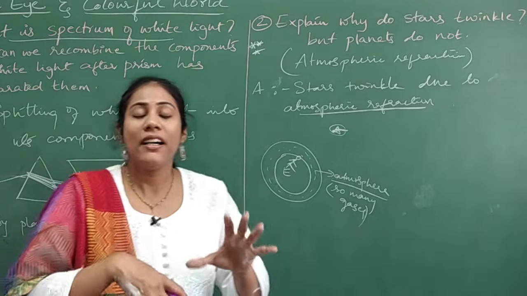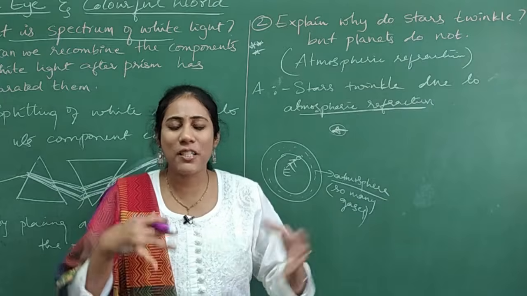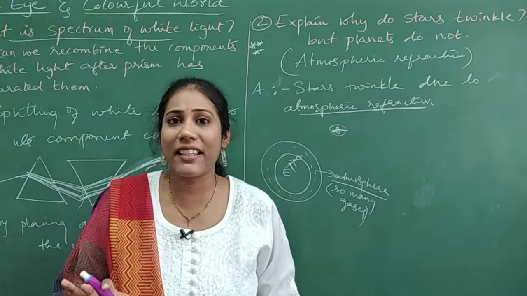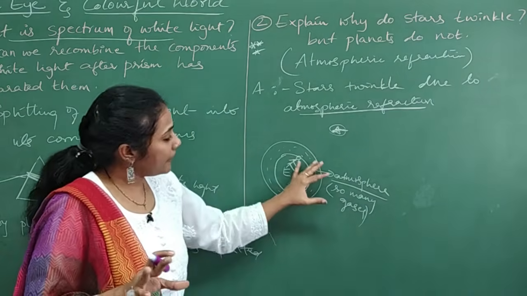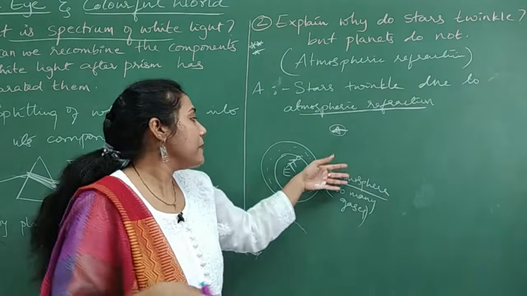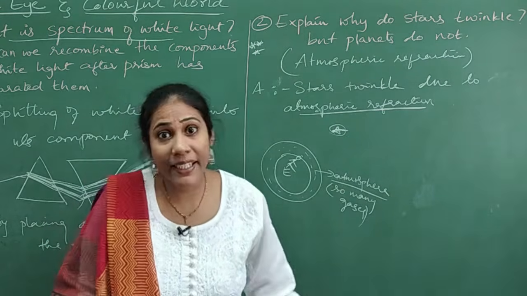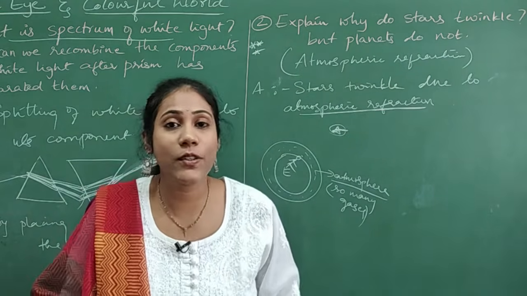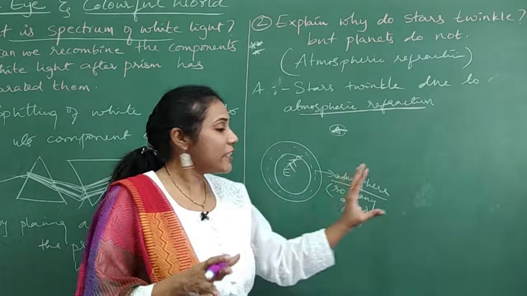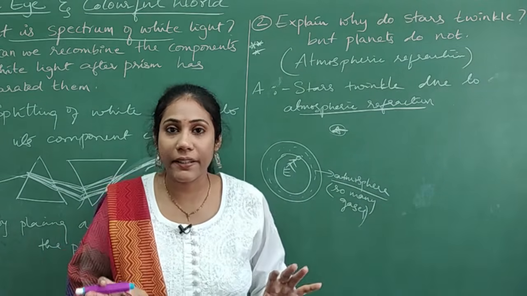It has so many gases, solids, dust particles, and various other things are there. And even the temperature conditions of atmosphere also keep changing. Sometimes atmosphere is very much hot, sometimes it is cold. In some areas it is hot, in some areas it is cold. So temperature of atmosphere is not always a constant thing, right?